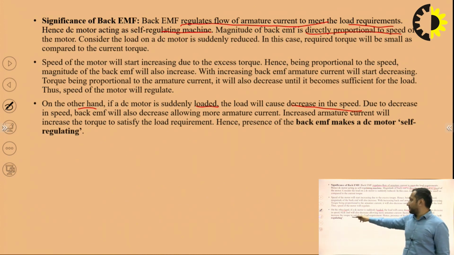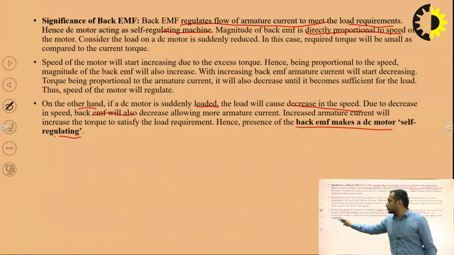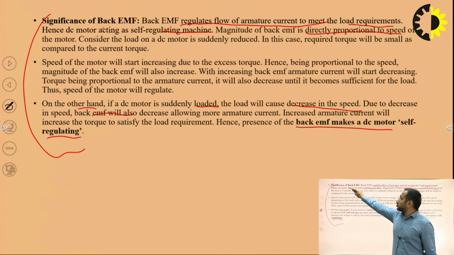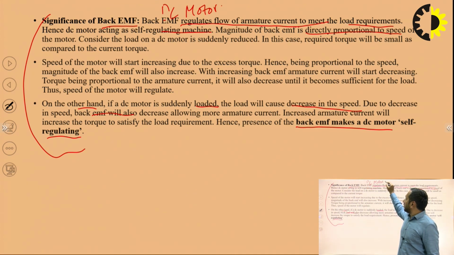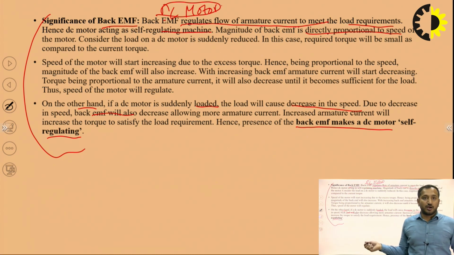Due to this decrease, back EMF will also decrease. That is why back EMF makes a DC motor self-regulating. So this is how we can show that back EMF is so important in a DC motor. This is what a DC motor is all about, how back EMF is important and how it is a self-regulating DC motor.